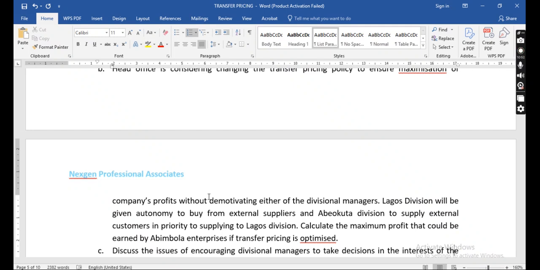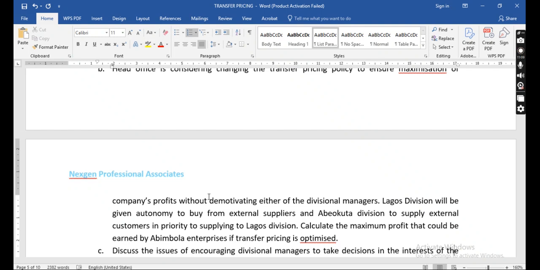Now, to buy from external suppliers, and Abeokuta's division to supply external customers in priority to supplying Lagos division. So you can see now, Lagos can buy outside.